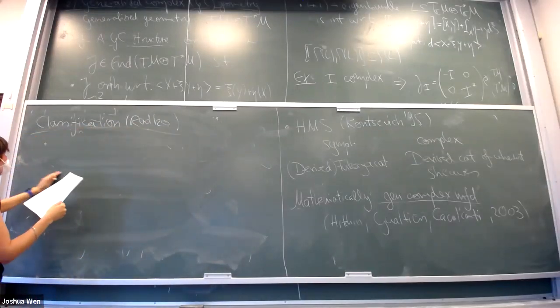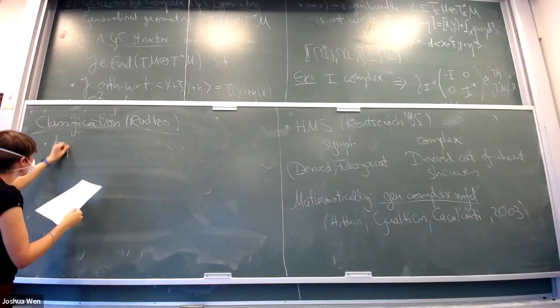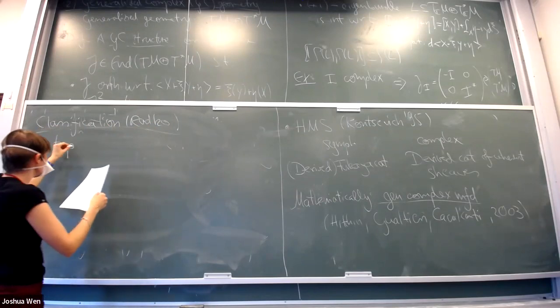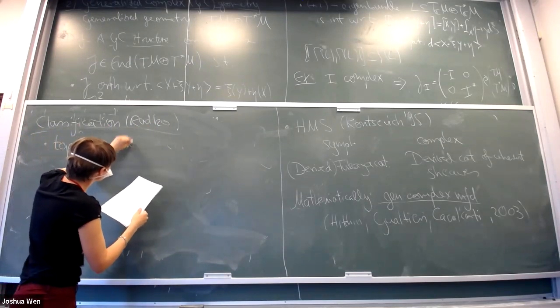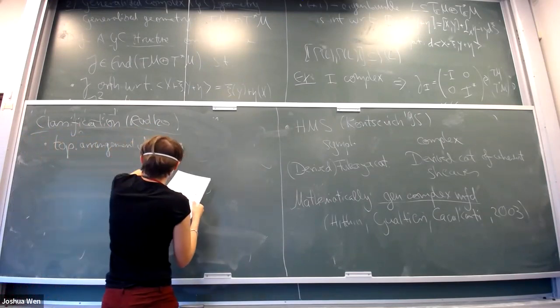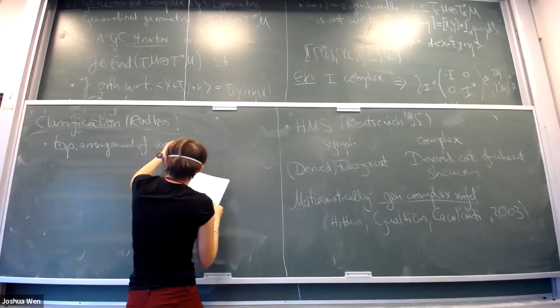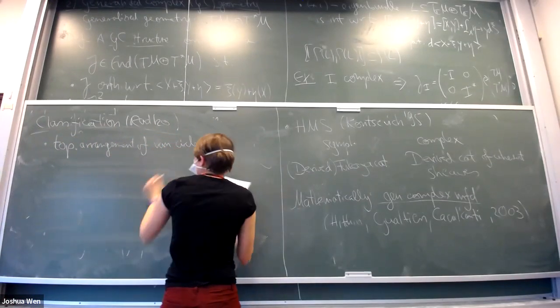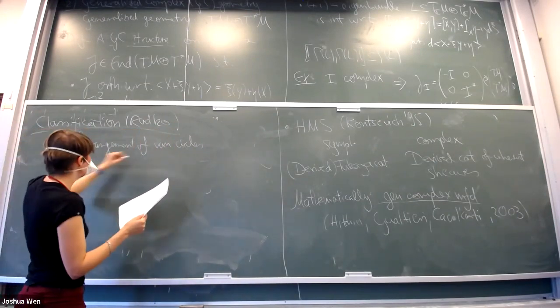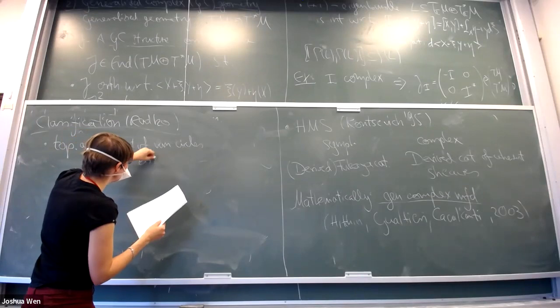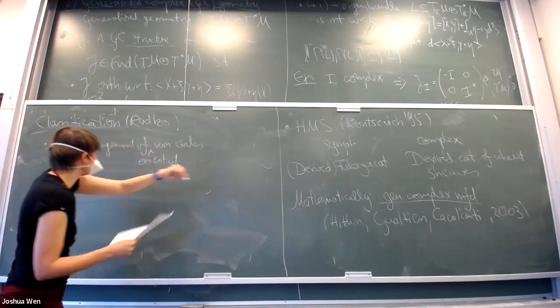First of all, you need the topological arrangement of vanishing circles up to orientation preserving diffeomorphism. And actually, the vanishing circles are oriented.